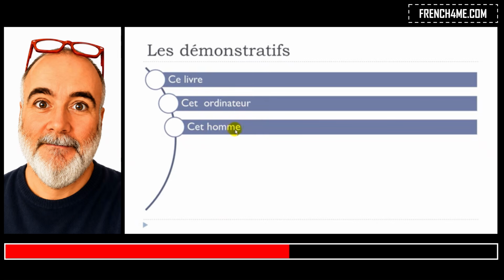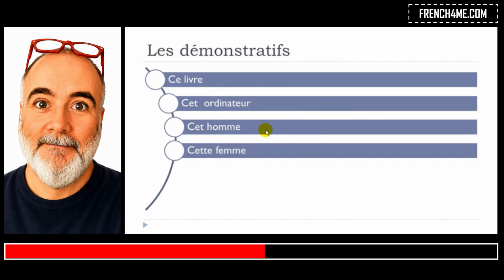Third possibility here, we've got homme, man, okay? But then O is here. We've got this H letter. Remember, H is not pronounced, okay? So you've got the sound of O at the beginning of this word, okay? Cet homme. So that's the reason why you will have to use the cet. So it's masculine, but still cet homme. So now, feminine word, femme, woman.